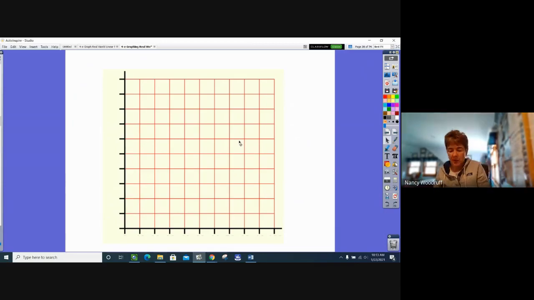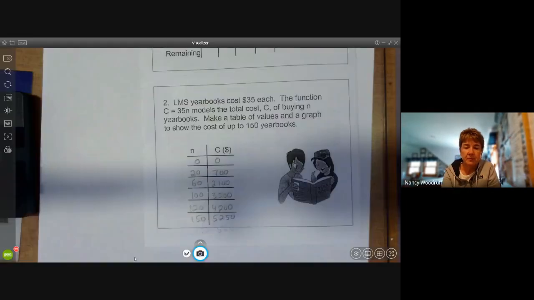Okay, and once you fill that in, the next step is to plot the points. The hardest part of doing a real-world graph is what we just did, setting the scales.